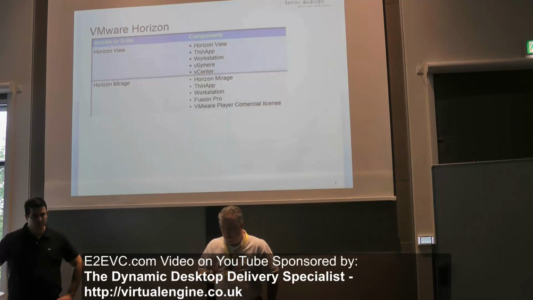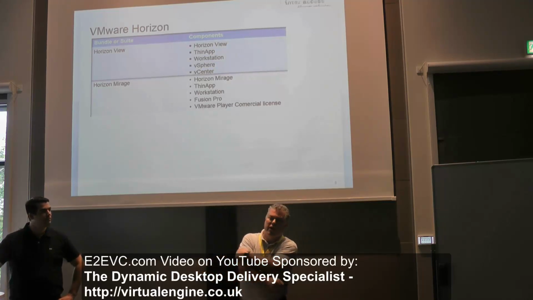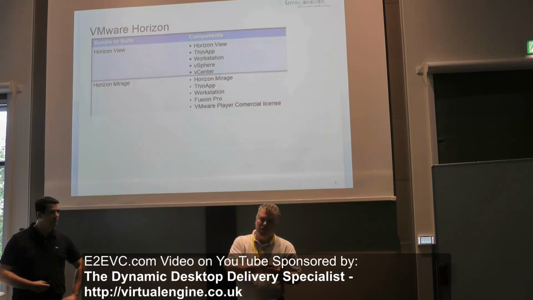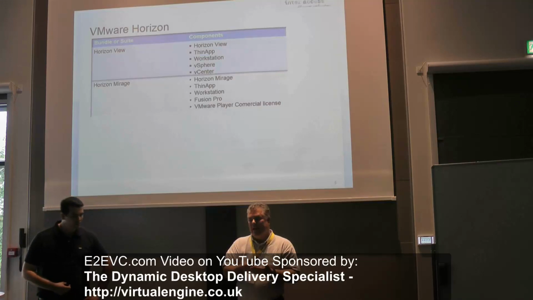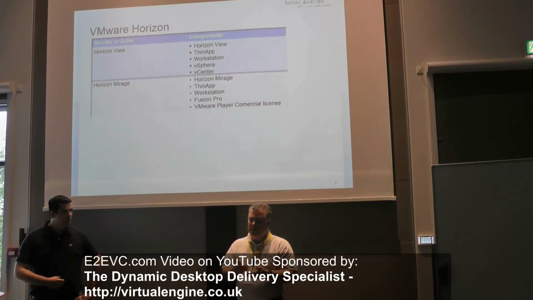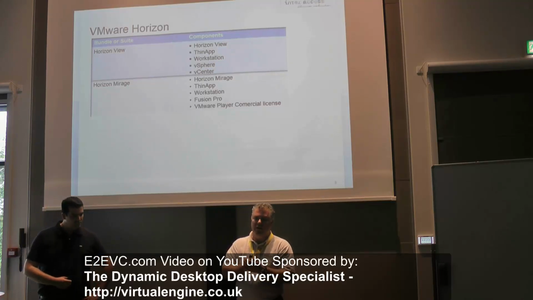But for every user, there's a Fusion Pro license included. So if you decide to use Horizon Mirage to deploy virtual desktops on the end user device, you get a Fusion license for each user. And if you decide that you'd like to do that on a Windows desktop, you can use the Fusion license to license the VMware Player product.